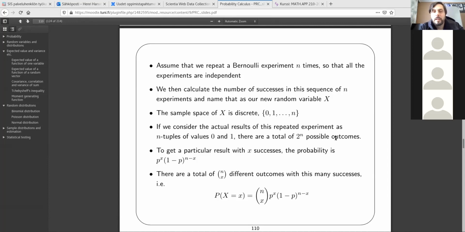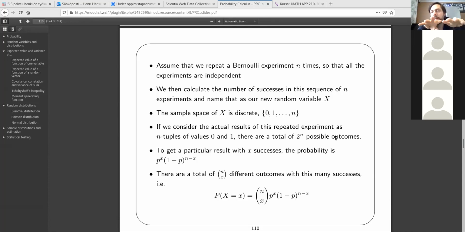But if we go out n times, then we have a chance of seeing it between 0 and n times. And assuming that it's the same Bernoulli experiment every time, we have a sample space which is discrete, with values between 0 and n. The actual results of this experiment have 2 to the n possible outcomes, because it's either a 0 or 1 at each of these experiments.